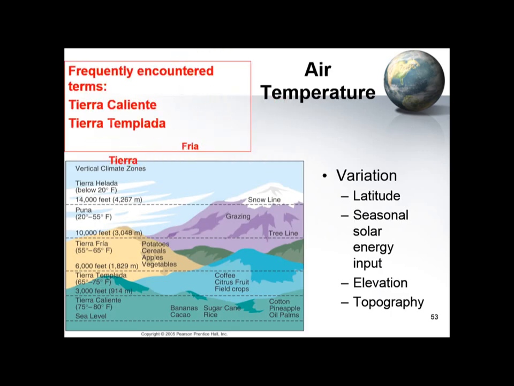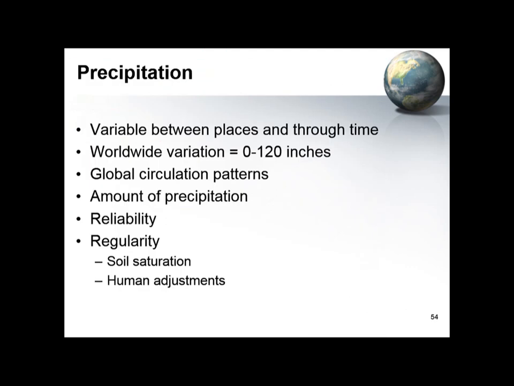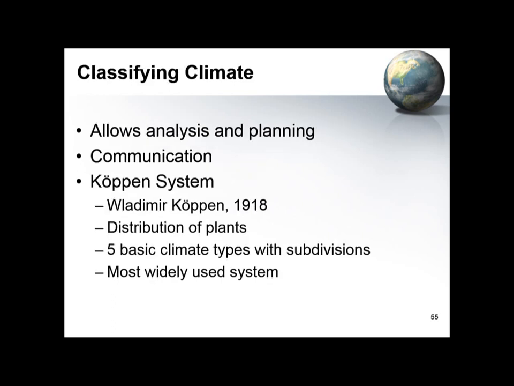About air temperature, precipitation, variable between places and through time, worldwide variation, global circulation patterns, amount of precipitation, reliability, regularity, and others. Classifying climate allows analysis and planning.